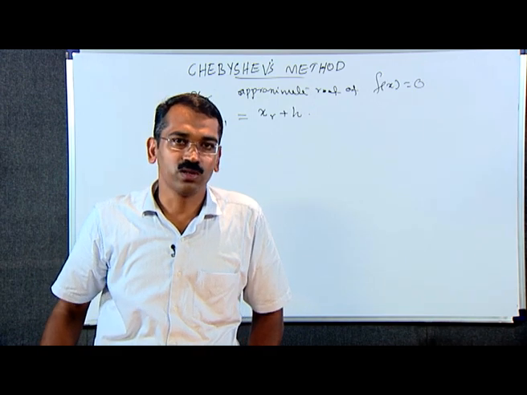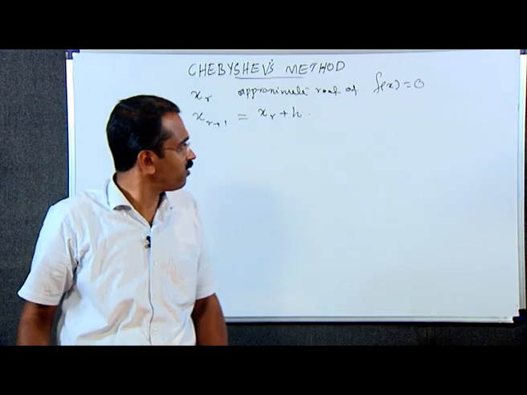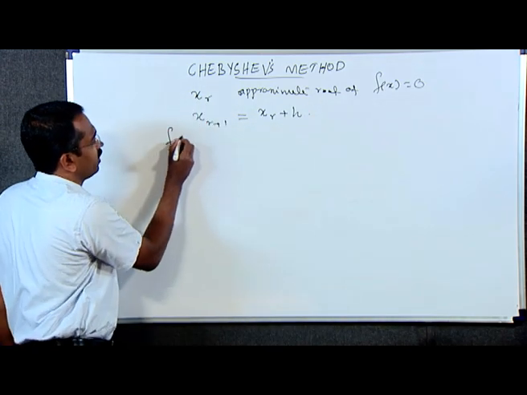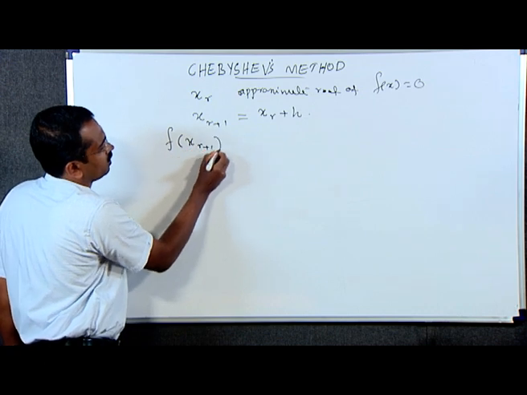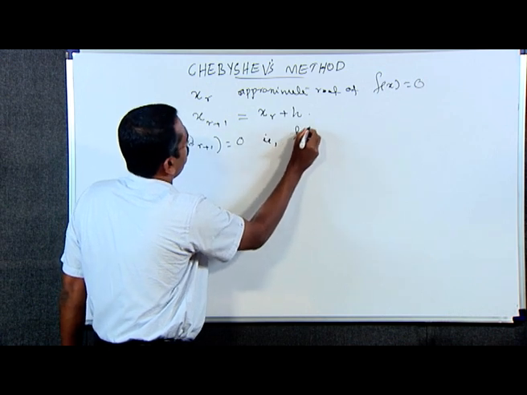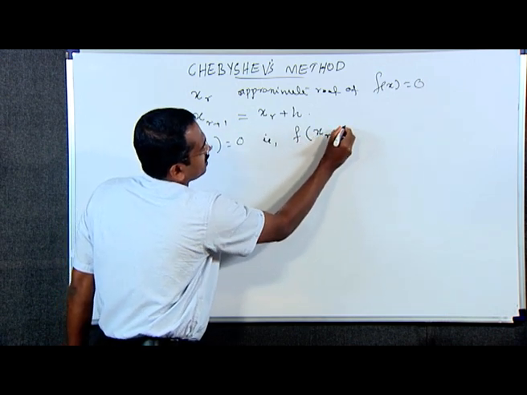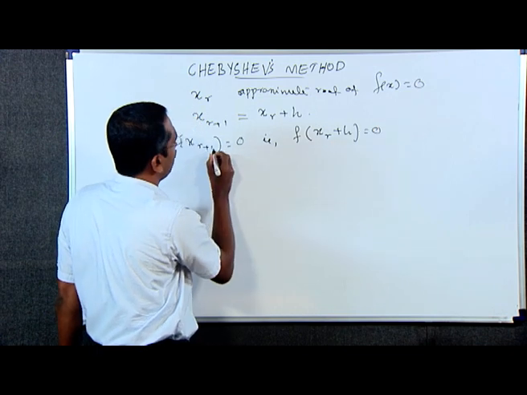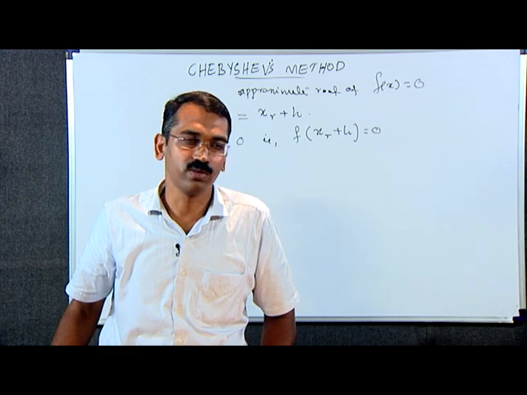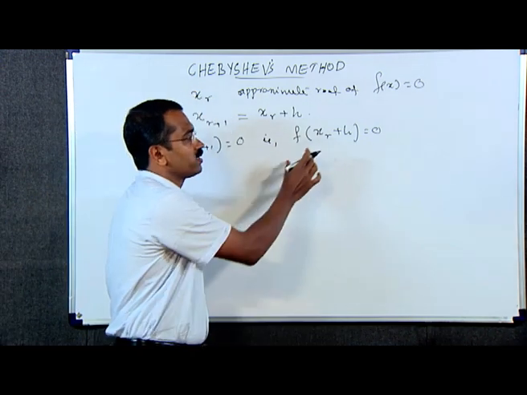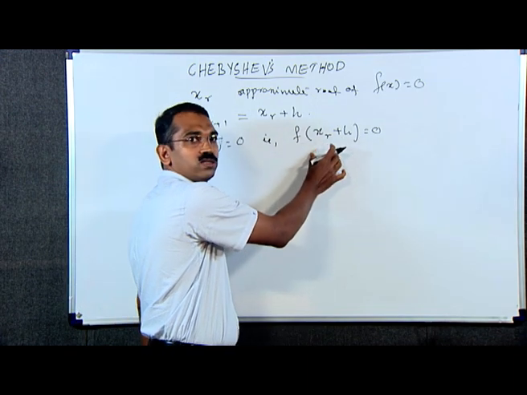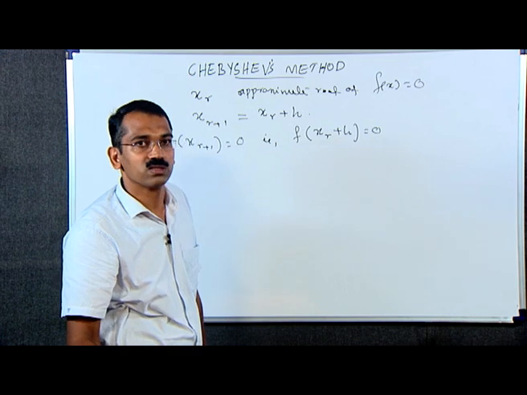Since x_{r+1} is the exact root of the equation f(x) = 0, we can write f(x_{r+1}) = 0, that is f(x_r + h) = 0, because x_{r+1} is x_r + h, where h is very small. Now, by Taylor's theorem, we expand this f(x_r + h).